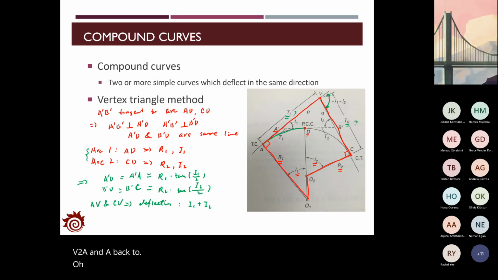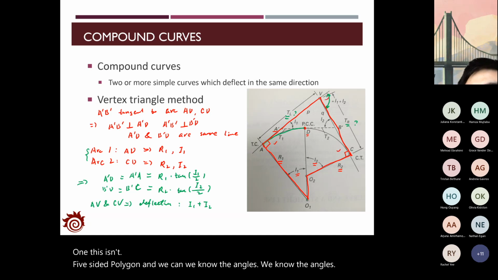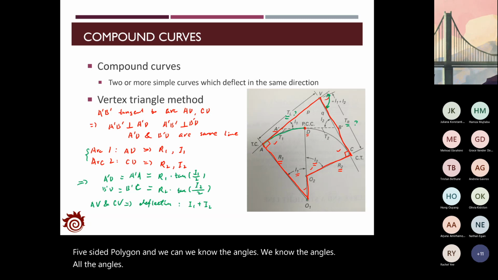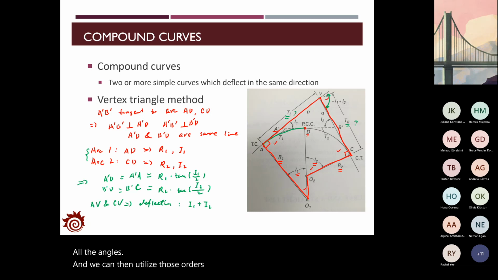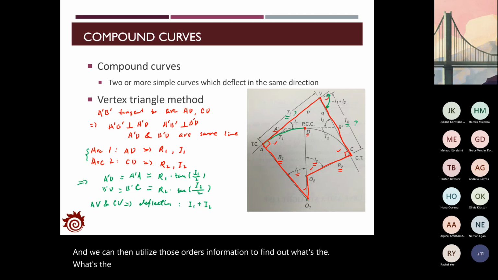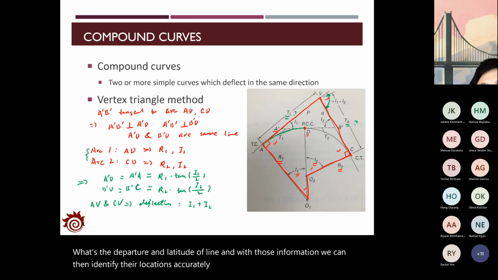This is a 5-side polygon, and we know all the angles, and we can then utilize all this information to find out the departure and latitude of each line, and with that information we can identify their locations accurately. And also, of course, we can find out the length of these two lines.